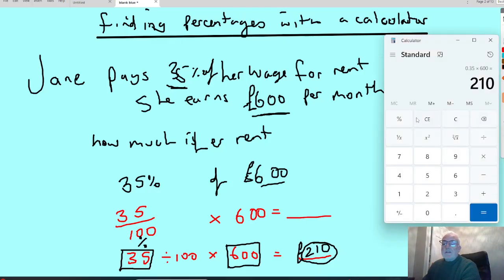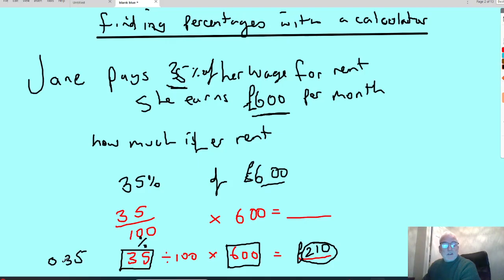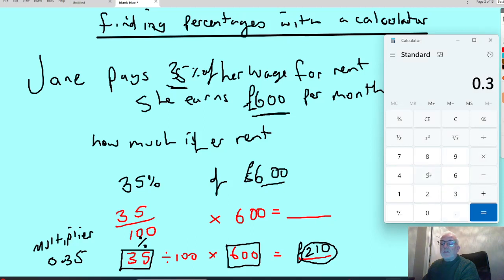Just to go over that a little bit again: 35 divided by 100, you could press equals in between, that's absolutely fine, because we've got 0.35. Now 0.35 is our multiplier to calculate 35% because it's the percentage divided by 100. Once I've found the multiplier, I multiply that by the 600. 0.35 times by 600 gives us 210.